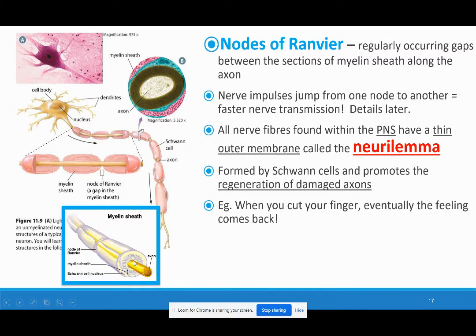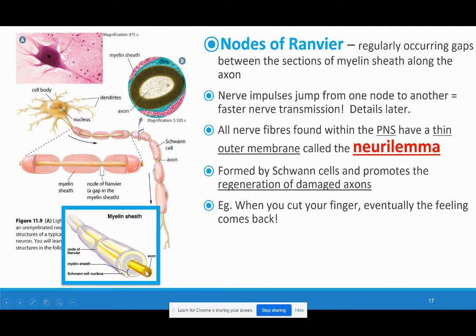Okay, so if you look down here, this is a good diagram. So you can see the myelin sheath, inner wrappings around the axon. The outermost lining or membrane of a Schwann cell is referred to as the neurolemma. Okay, and the neurolemma is important. It can promote the regrowth of a damaged axon.